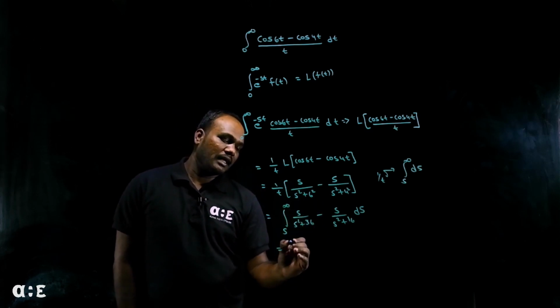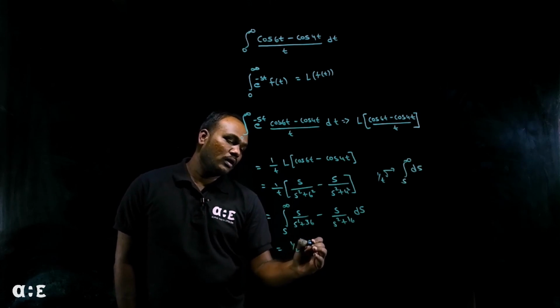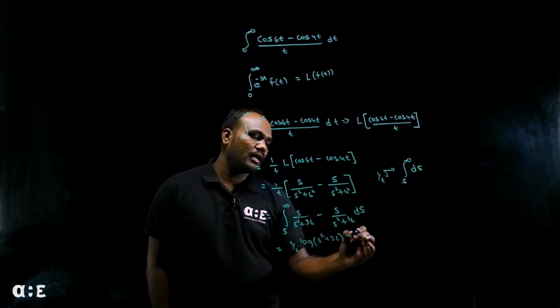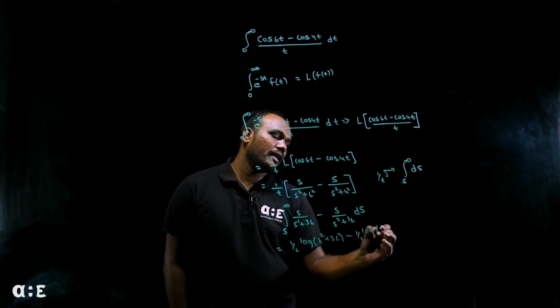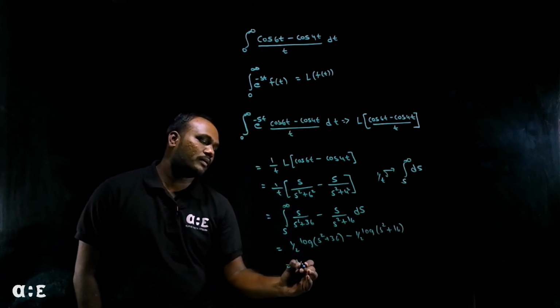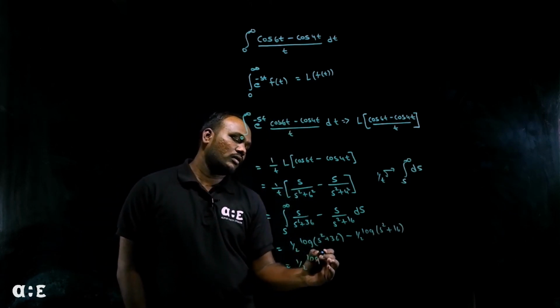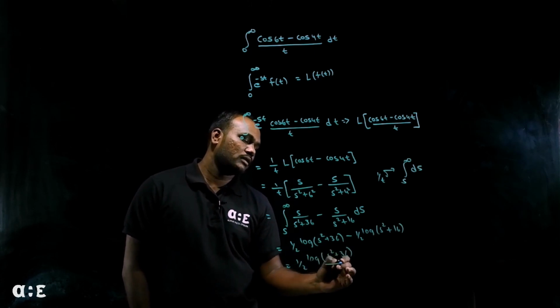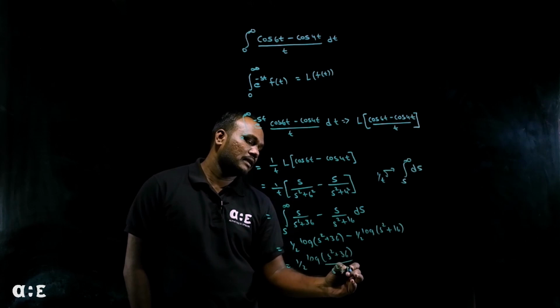So I can write it as half into log of s square plus 36 minus half into log of s square plus 16. Taking half common, I'm left with log of s square plus 36 over s square plus 16.